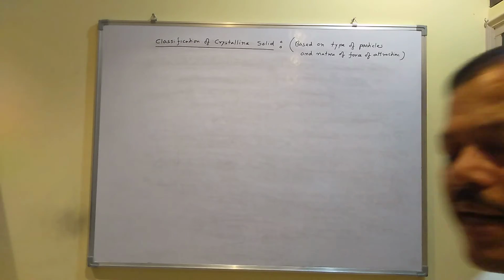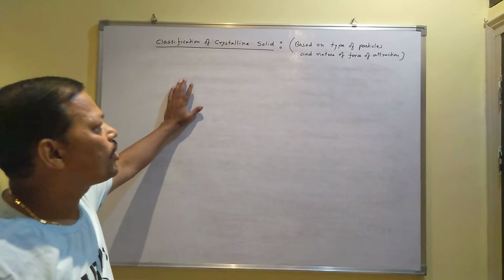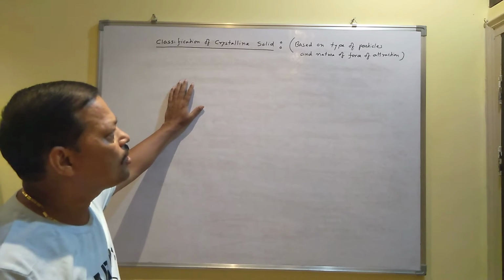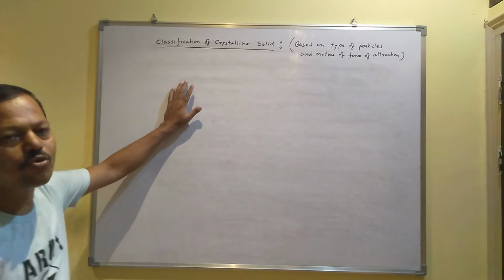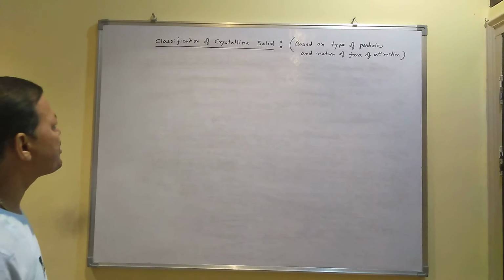In last class I mentioned there are four types of crystalline solid, based on the type of particles and the nature of the force of attraction between the particles. So I'll give you that classification.